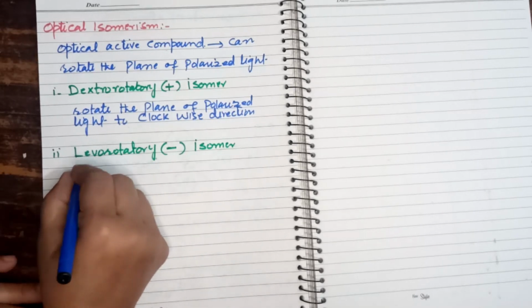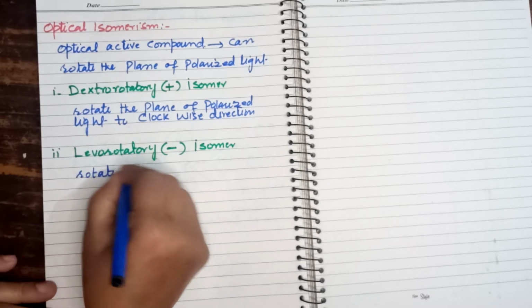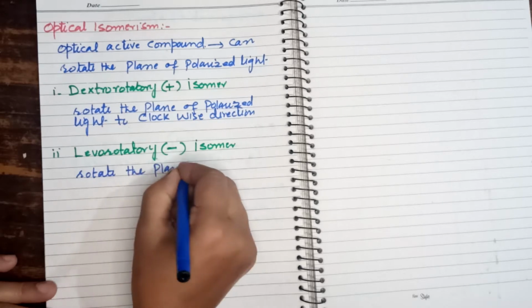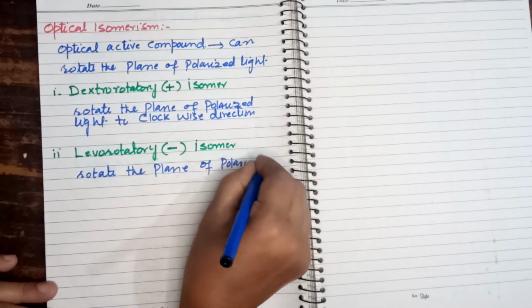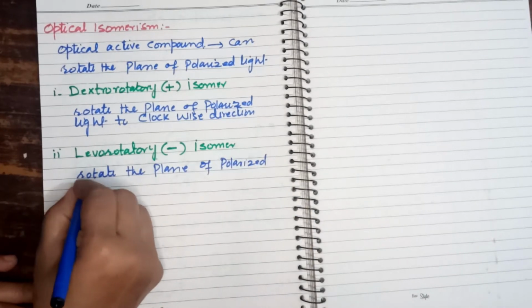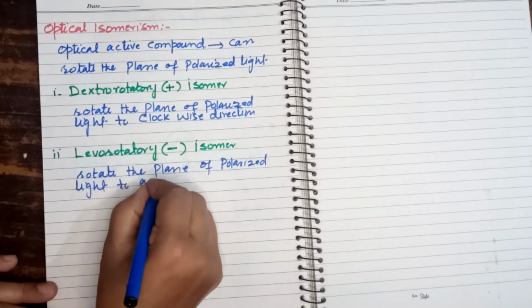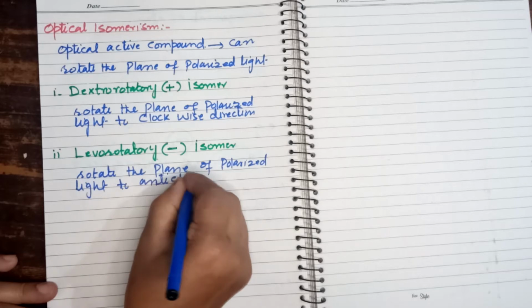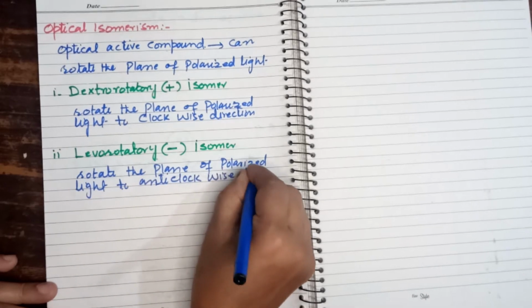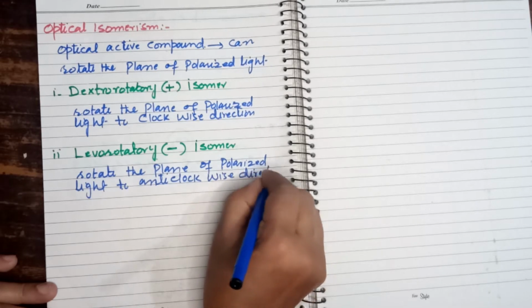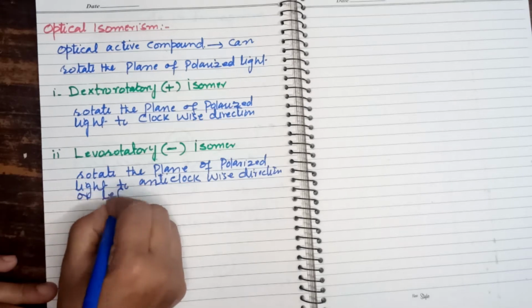These are the compounds which can rotate the plane of polarized light to anti-clockwise direction, or we can say left hand side.